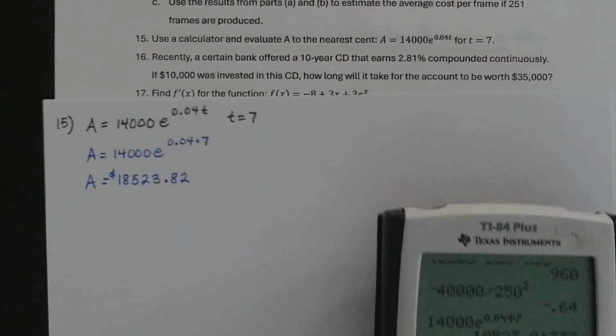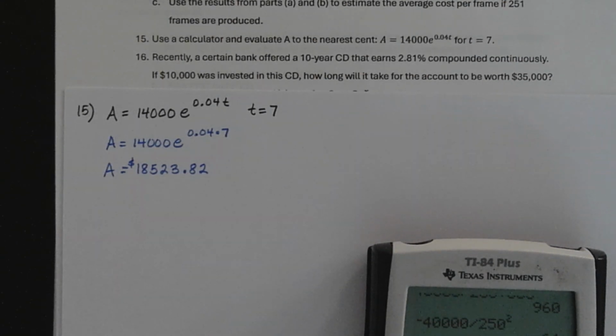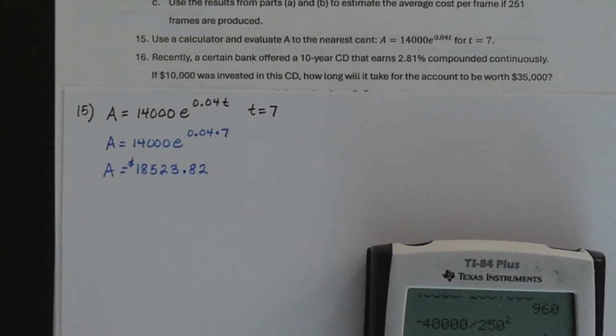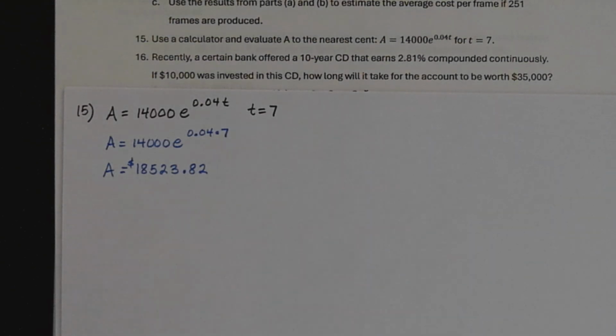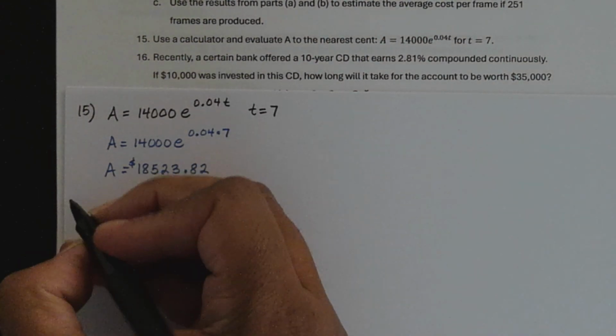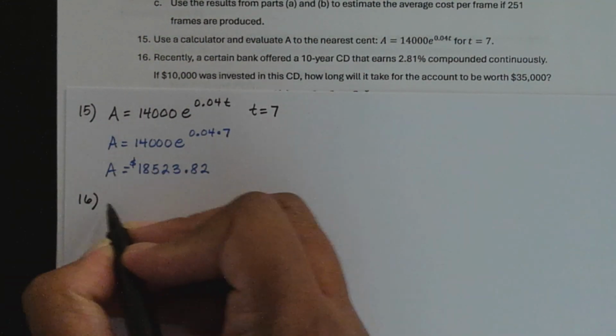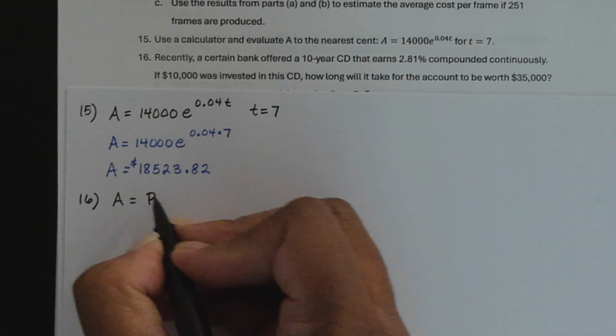Okay, problem 16. Let's say, recently a certain bank offered a 10-year CD that earns 2.81% compounded continuously. Let's say $10,000 was invested in this CD. How long will it take for the account to be worth $35,000? Well, if it's going to be continuous compounding, that means we must use that continuous compounding formula.